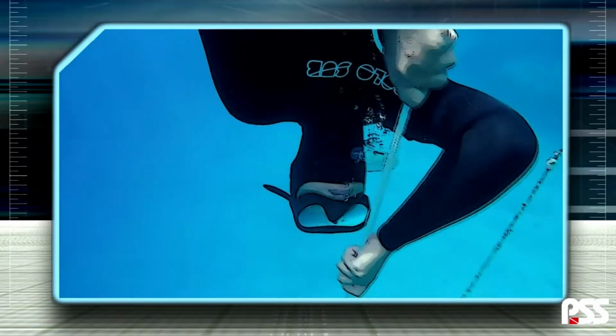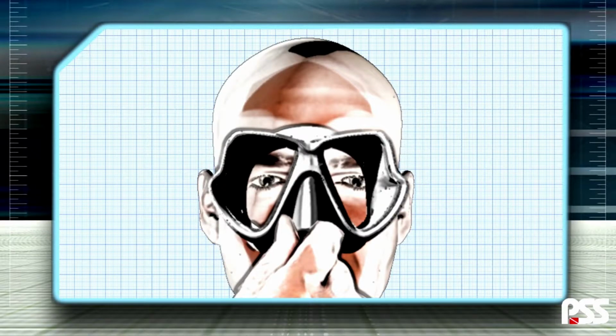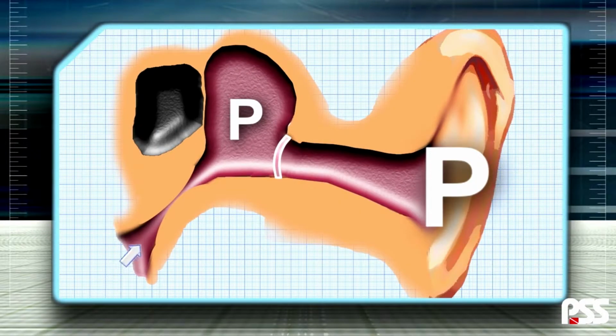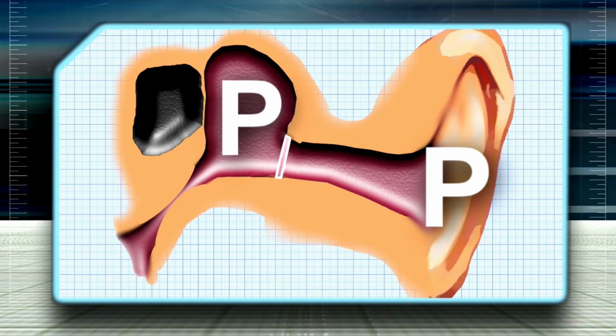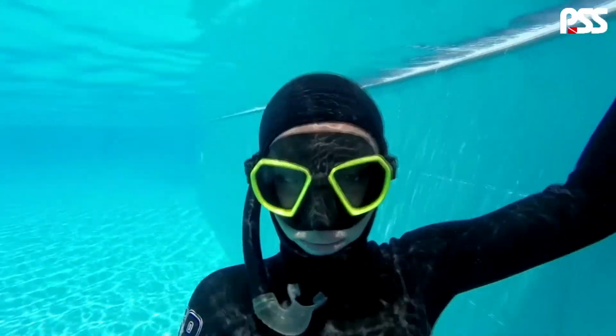The eustachian tube is normally closed to prevent bacteria from entering the middle ear. To open it, it is necessary for most of us to create a slight overpressure in the nose. Generally, this is done by performing the Valsalva maneuver. You pinch your nose with your fingers and gently blow into your nose.